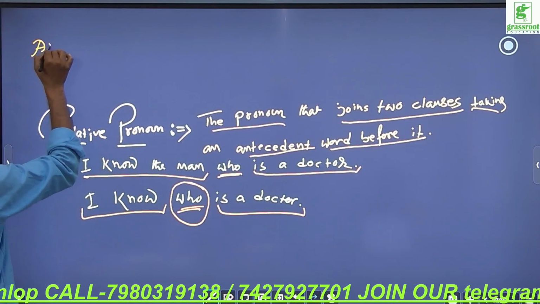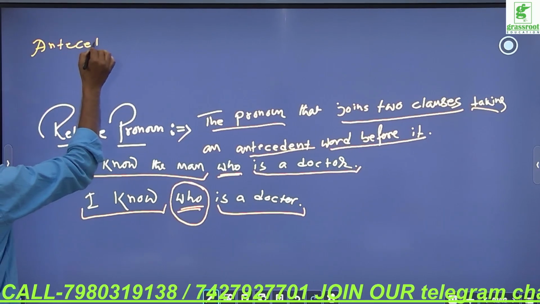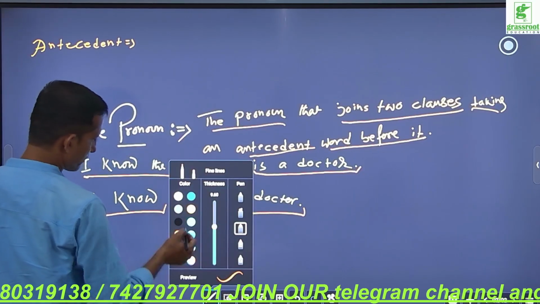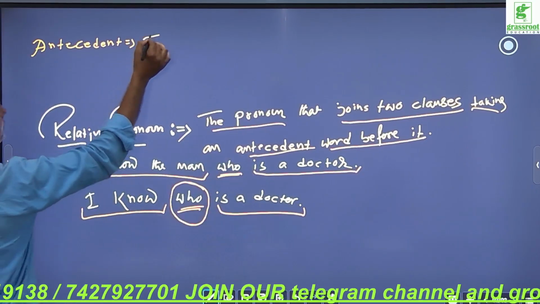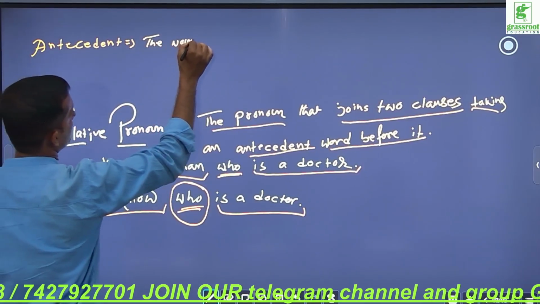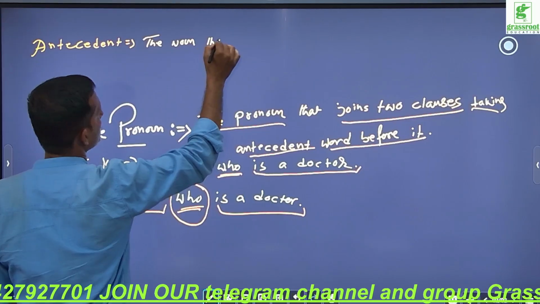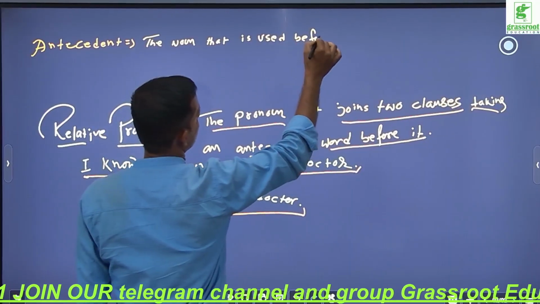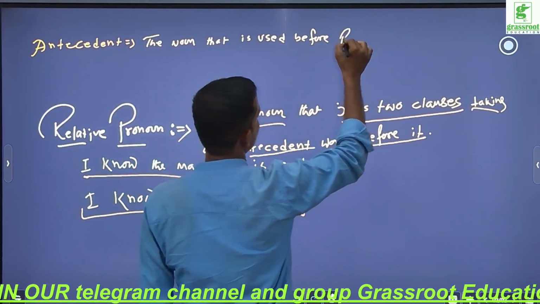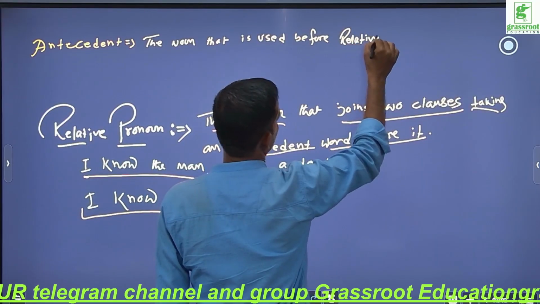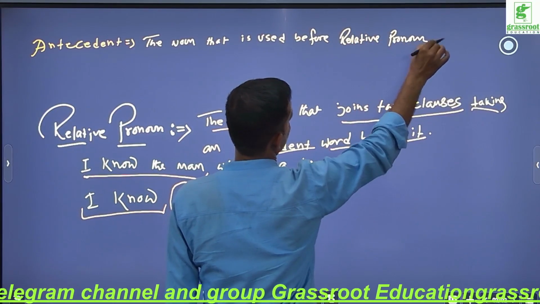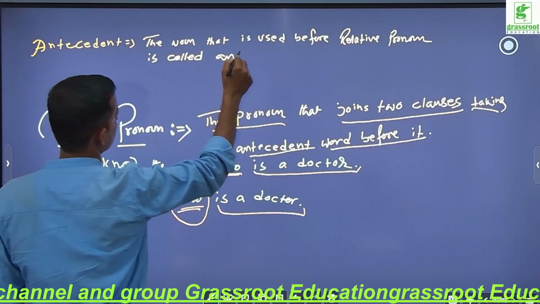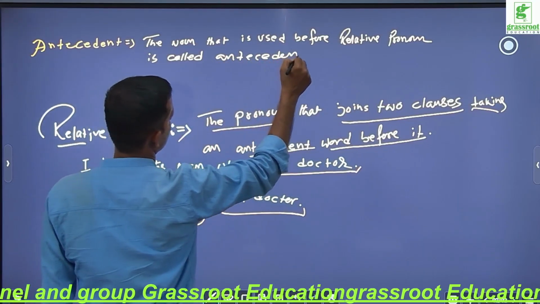What is antecedent? The noun that is used before a relative pronoun is called antecedent.